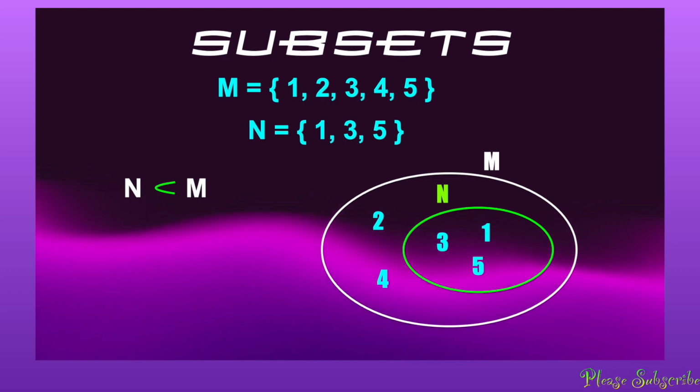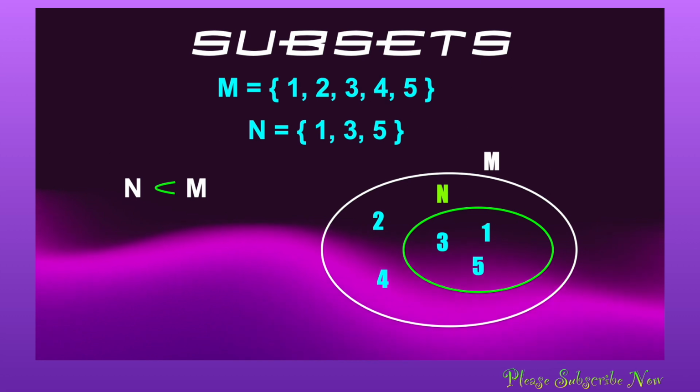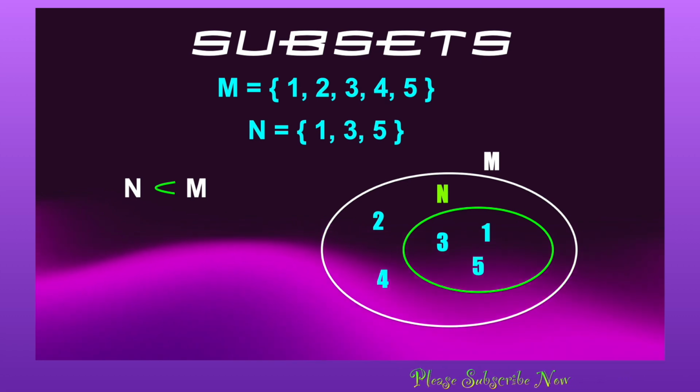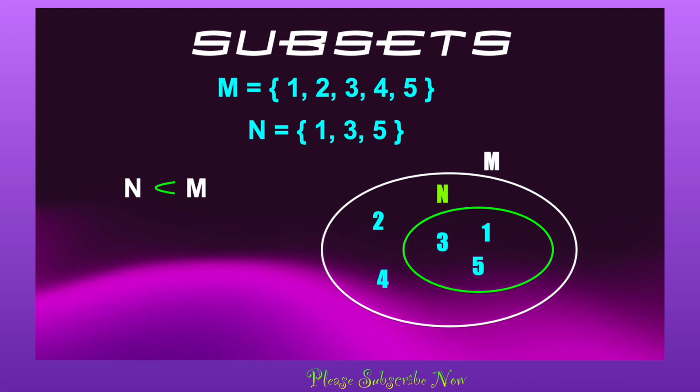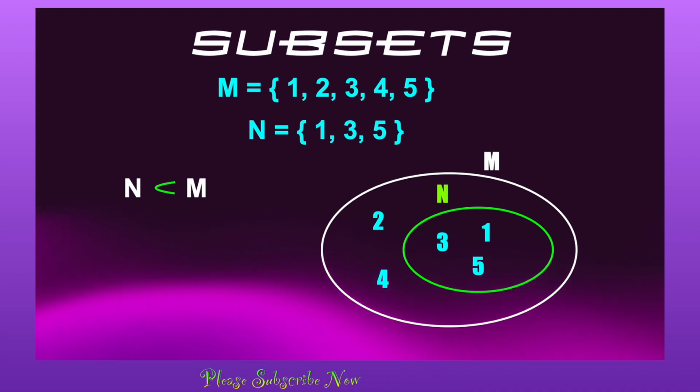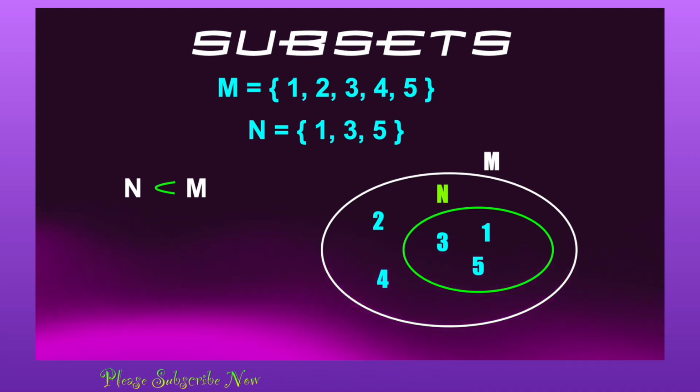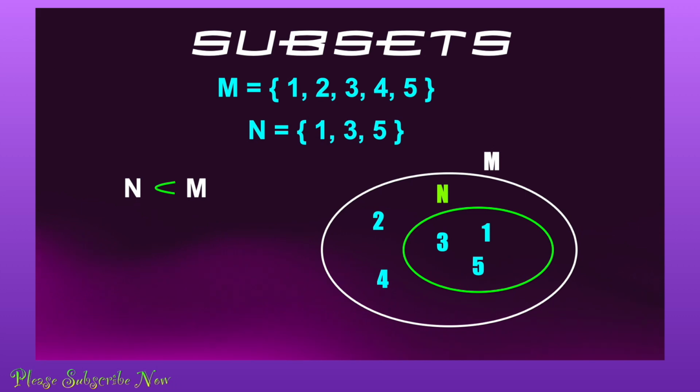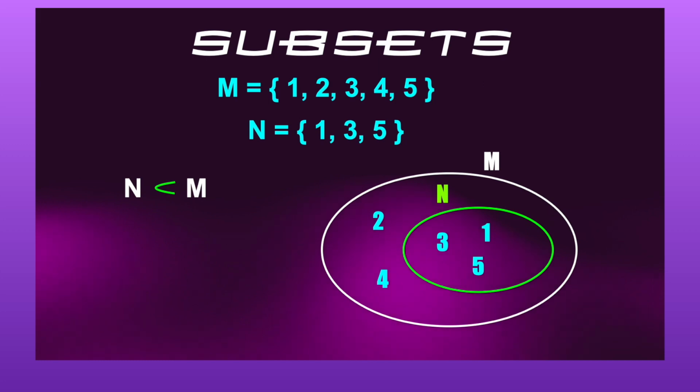All elements of set N are also elements of set M. That's why this is called a proper subset. So that is the concept about the universal set and the subsets.